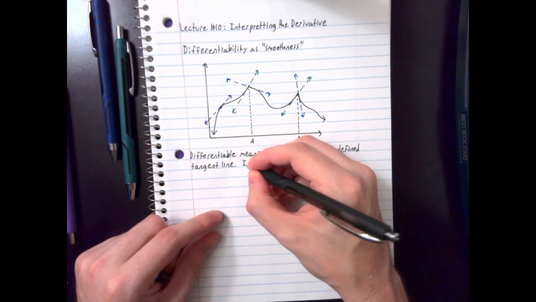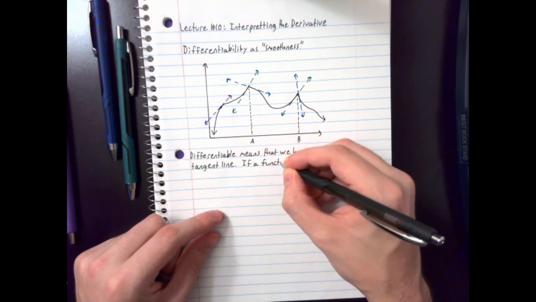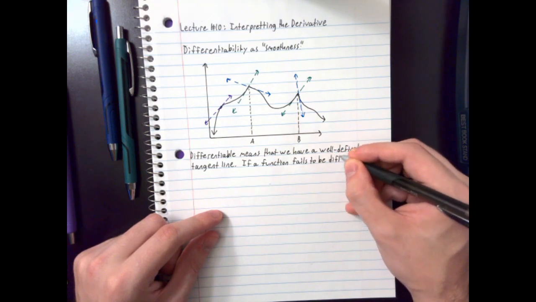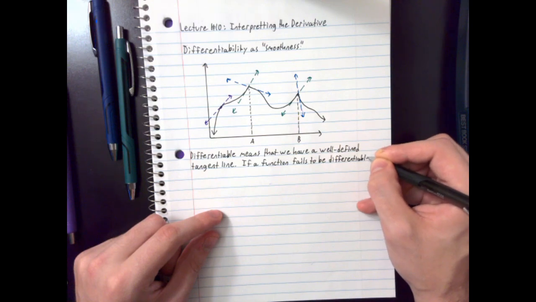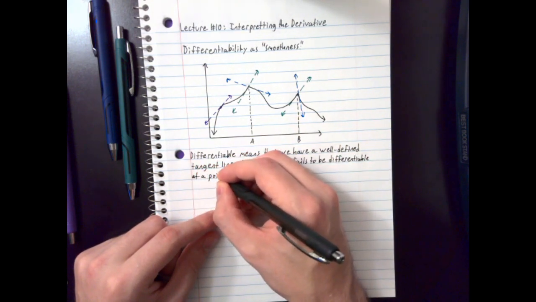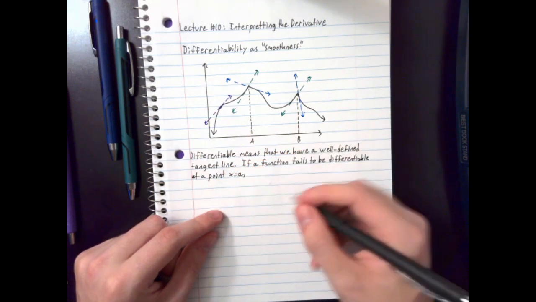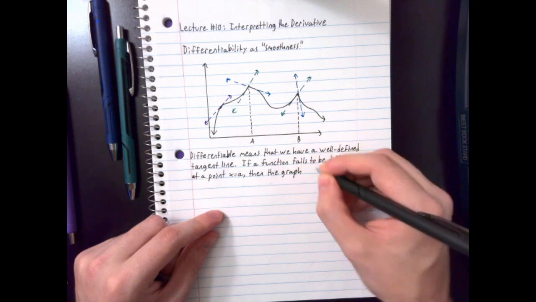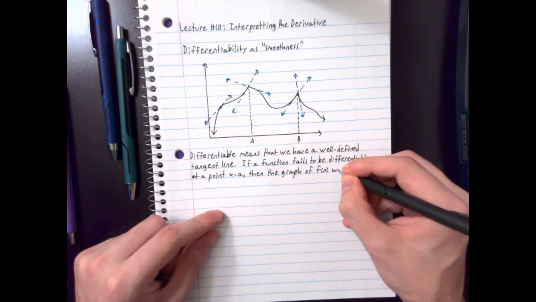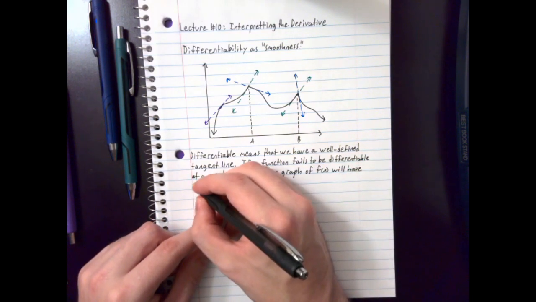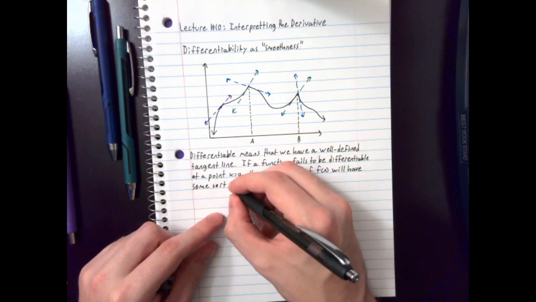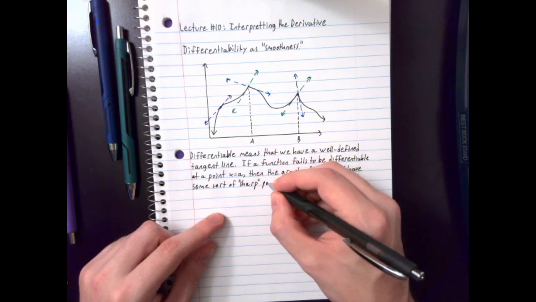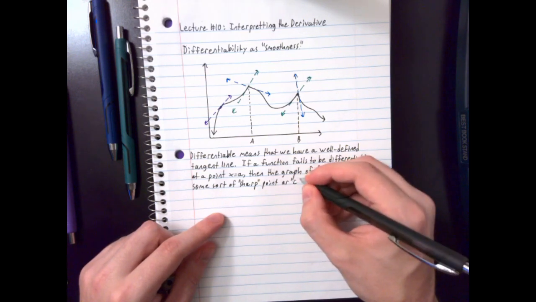So let's write that down. If a function fails to be differentiable at a point, x equals a maybe, then the graph of f of x will have some sort of sharp point, and the formal word for this is actually a cusp.